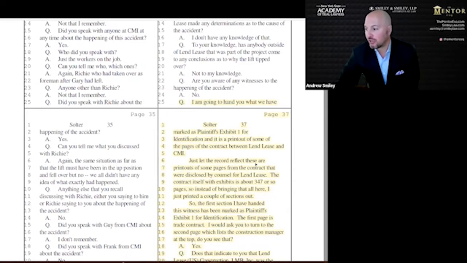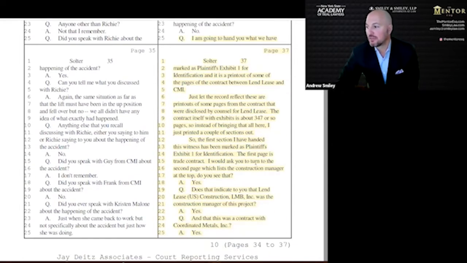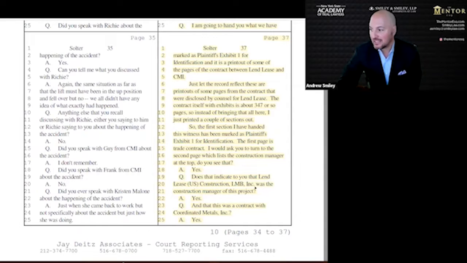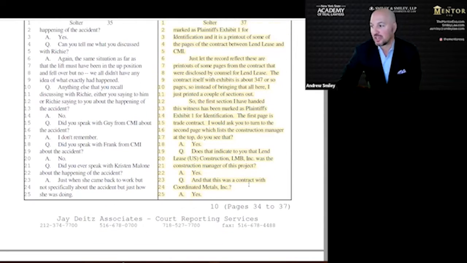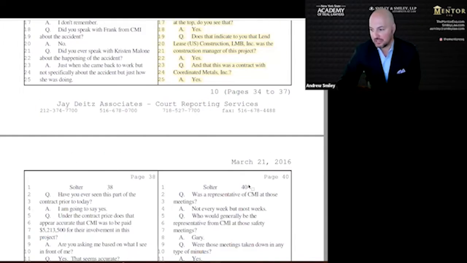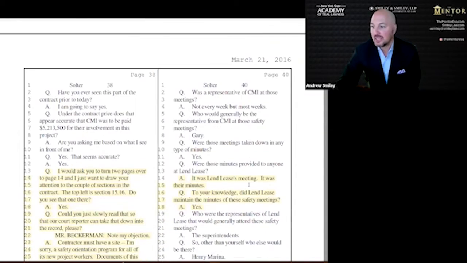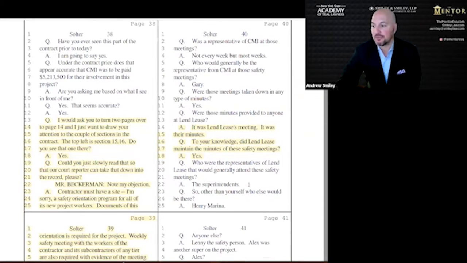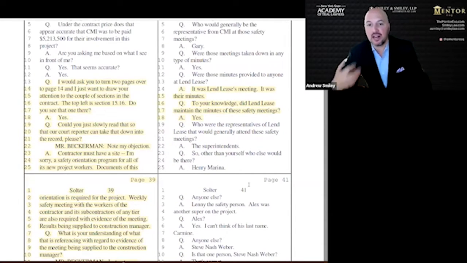And I go through it all and I have them confirm, does this indicate that Lend-Lease was the construction manager? Yes, it does. And this was a contract with Coordinated Metals. Yes, it was. And then I have them go through here and I find in these contracts any language dealing with safety.